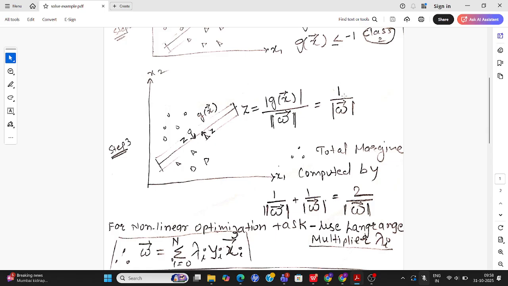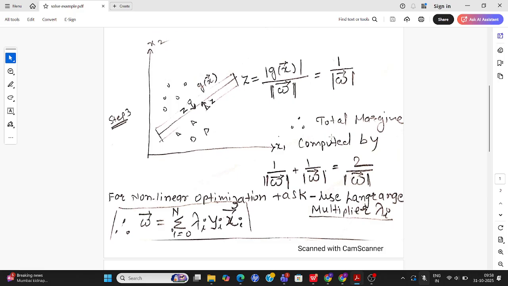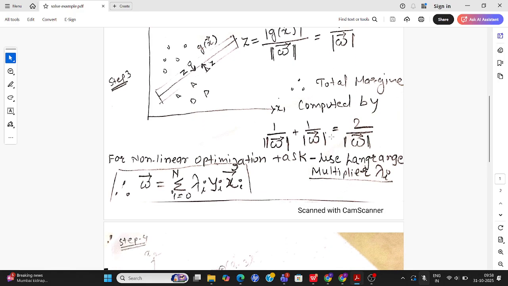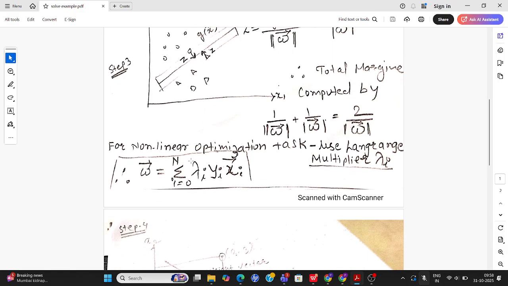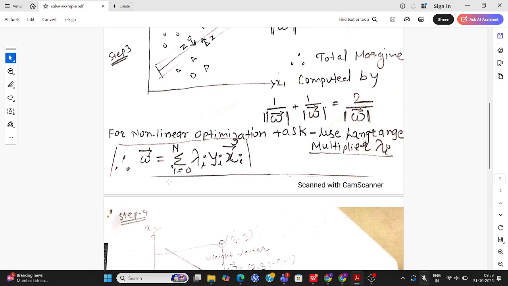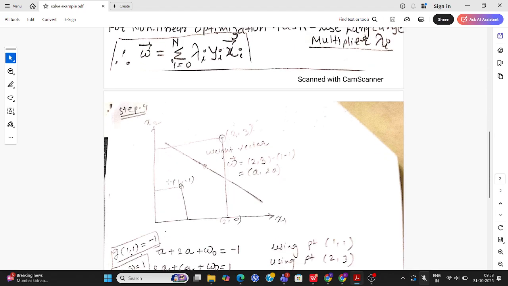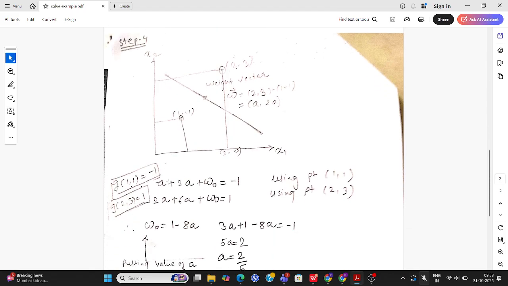Accordingly you get the line equation for calculating the margin. And for non-linear optimization, as I already told you, you get the error, and based on that you rewrite the equation for the non-linear optimization task. That is, use the Lagrange multiplier lambda i, and based on that you get your weight, and accordingly the equation.